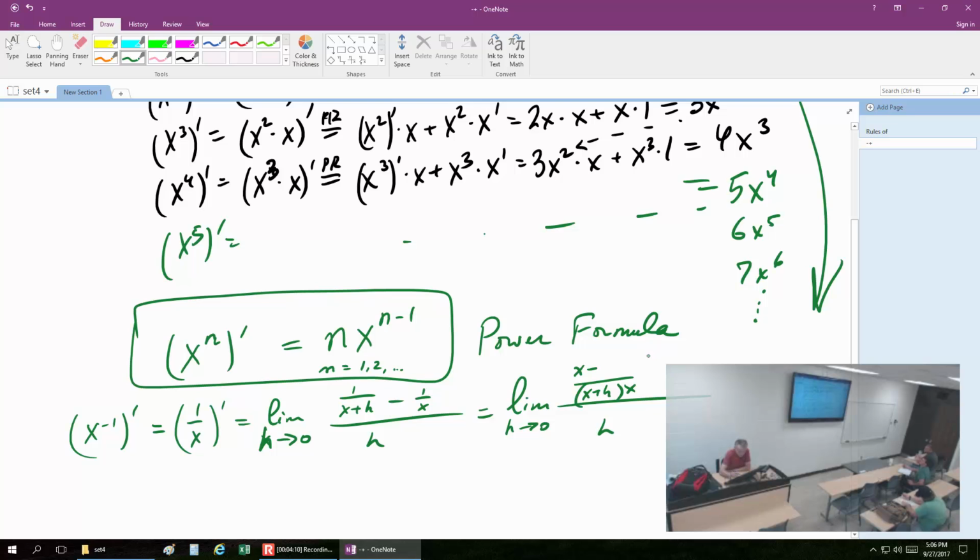You multiply the first fraction by the second denominator. That's how I got x. Then you multiply the second numerator by the first denominator, so it will be x plus h.